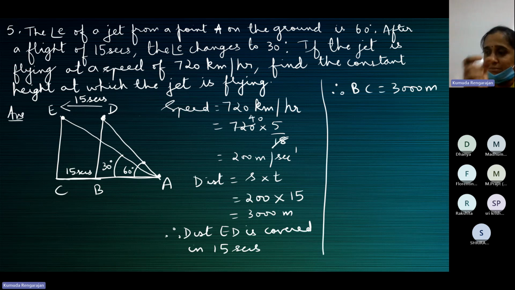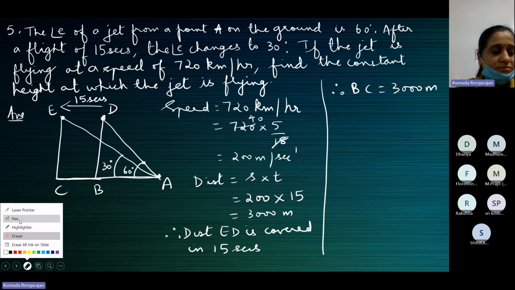For the line segment BC, you cannot write 15, and you cannot write the speed 720. BC is distance, it's length, and it represents distance. Distance is 3000 meters. So this BC is 3000 meters.